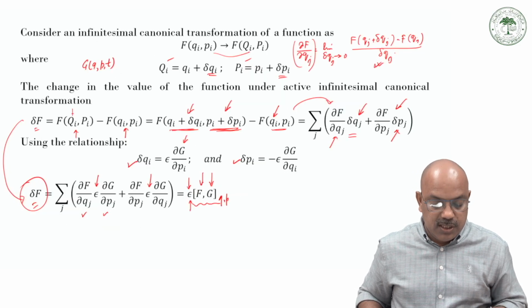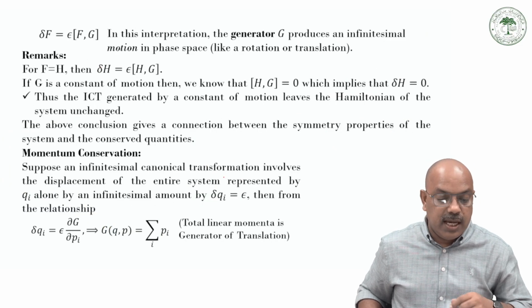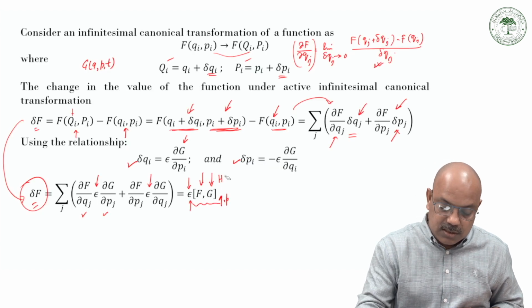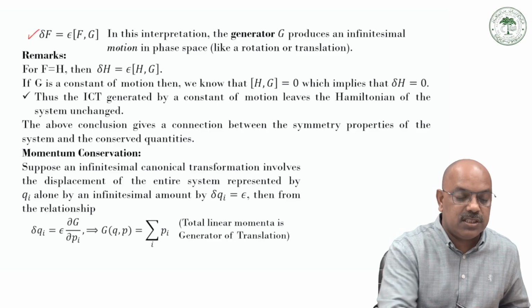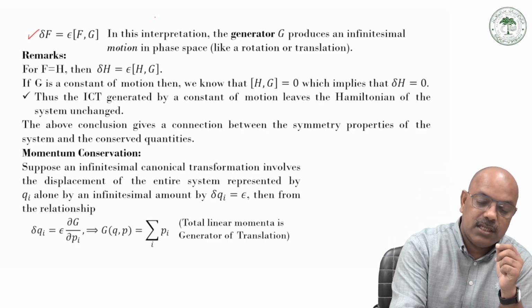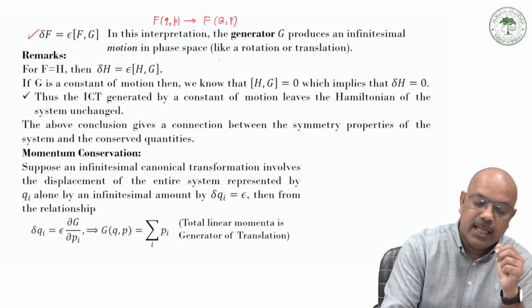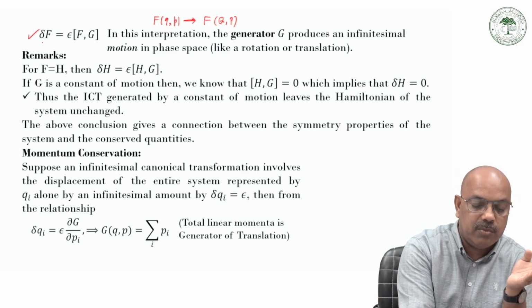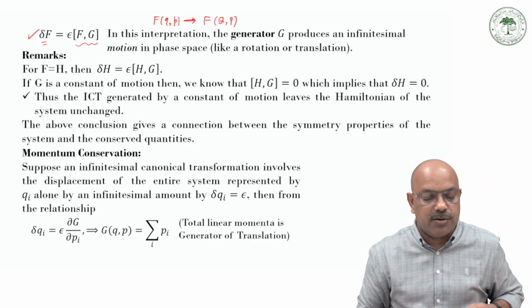And then if I put my G as H here, or this function, not this G. So let us see what we have: the change in this function F under the infinitesimal canonical transformation, QP goes to Q, and this change in the value of the function is given by the Poisson bracket of that function with the generator of that infinitesimal canonical transformation.